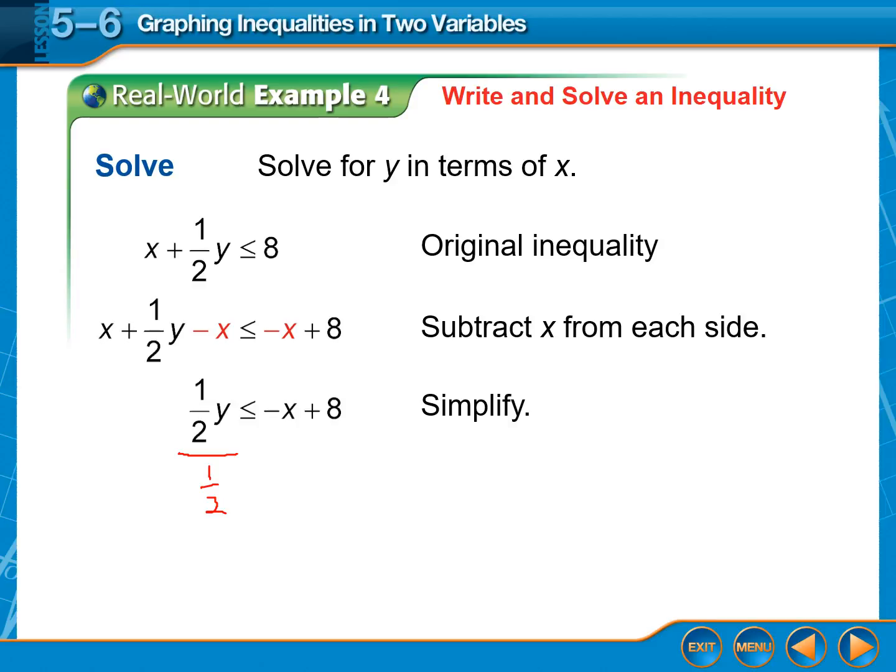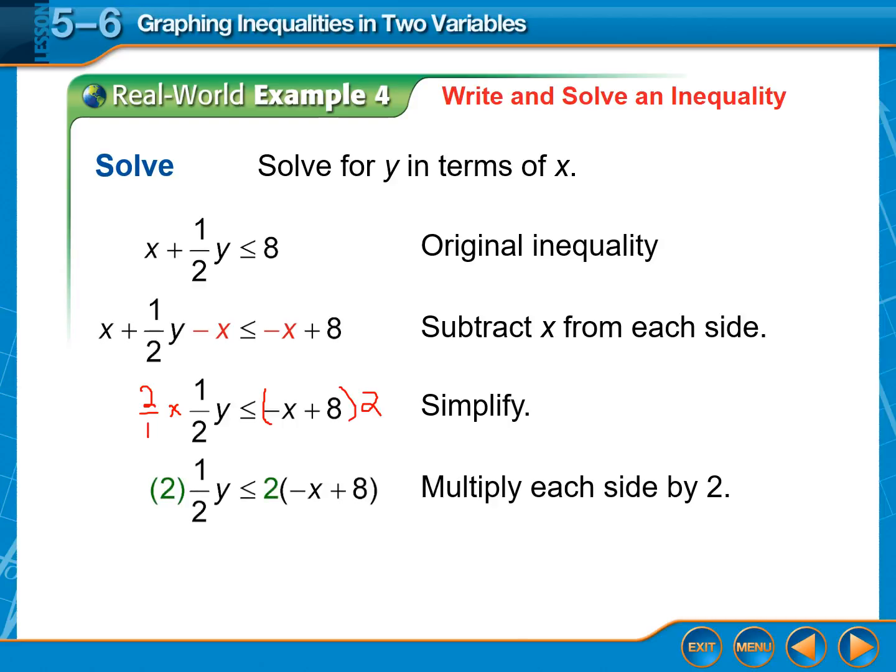So instead of dividing by 1/2, I'm actually going to multiply by the reciprocal. So if I take 1/2 and I flip it, I'm actually multiplying by 2 over 1. So I multiply by 2 over 1 on that side, and then I multiply this whole side also by 2. And that's what we see here.